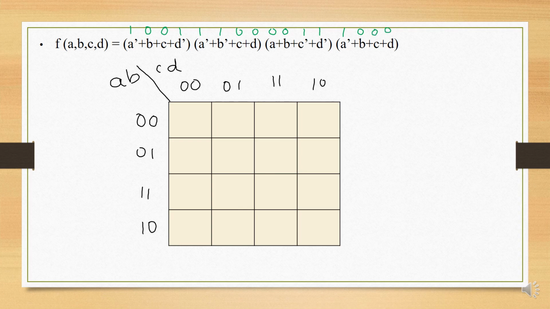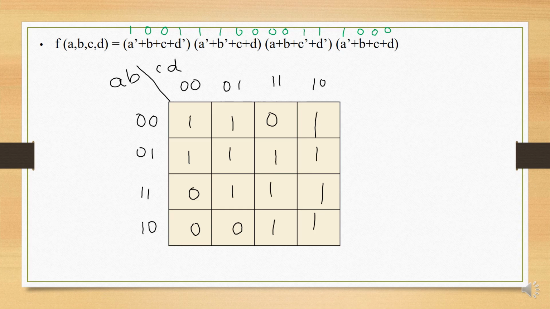For these respective cell numbers, we need to place logic zeros in the K-map. So we have 0 here, 0 here, 0 here, and 0 here. In the remaining cells, we will place logic 1s.